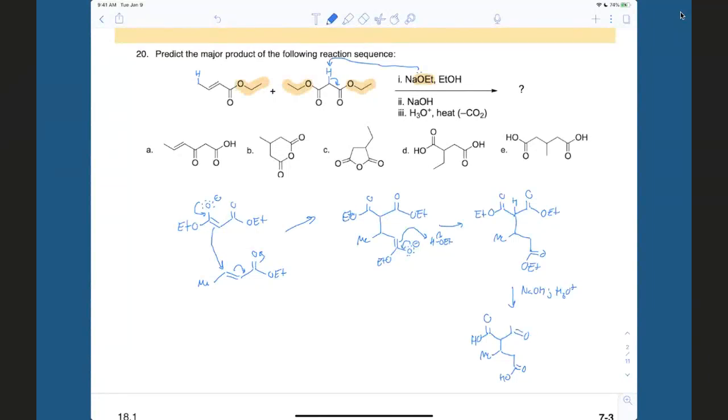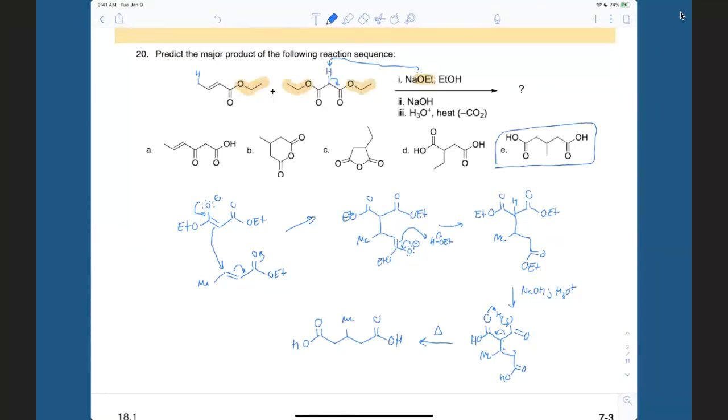And now whenever we heat this up, we'll lose carbon dioxide. It'll enolize, and we'll tautomerize. We have 1, 2, 3 carbons in between with a methyl group on the inside. And this is what we'd expect our product to be. And that should be product E.